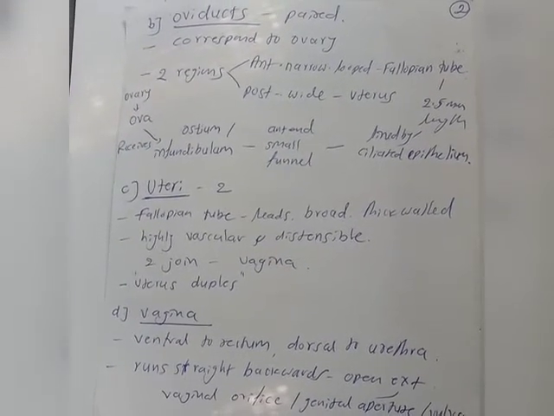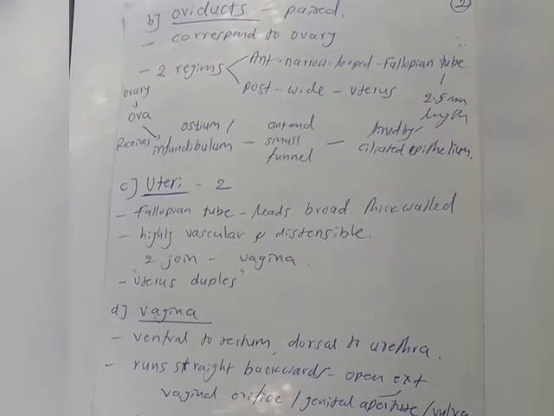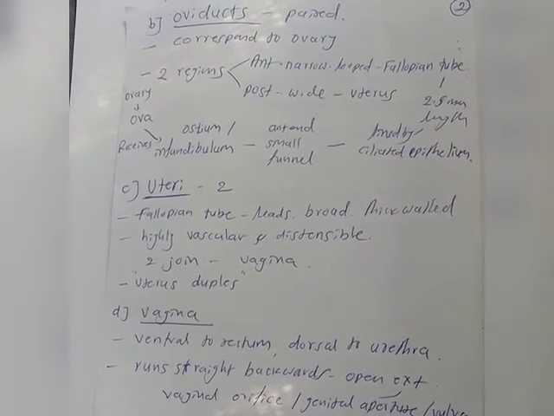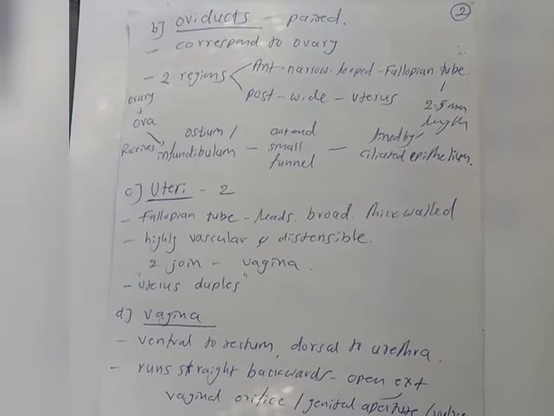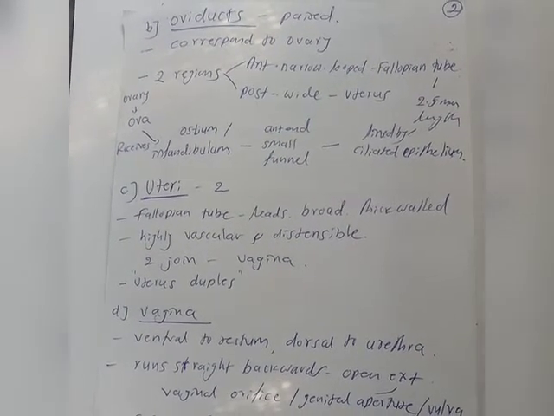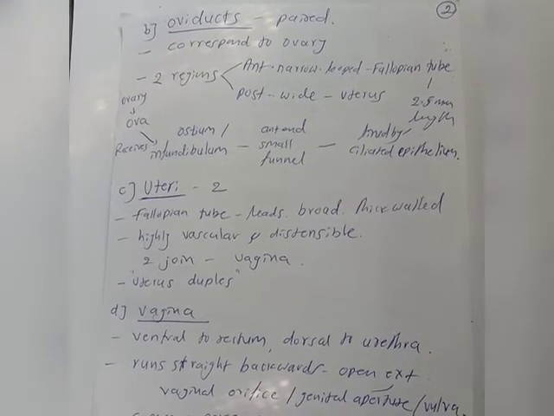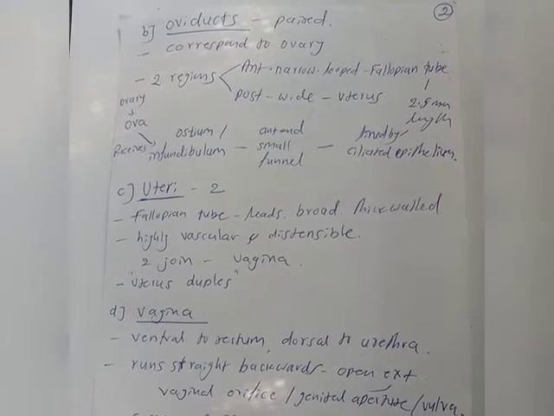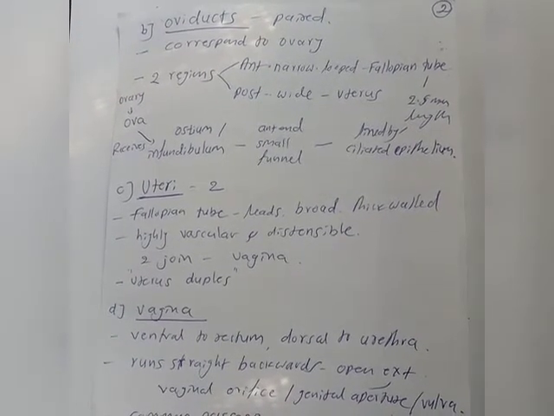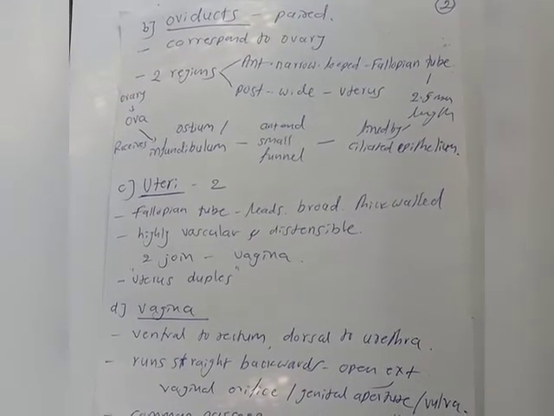The fallopian tube is less than 2.5 cm in length and it is coiled. It is lined by ciliated epithelium. त्याच्यात लाइनिंग कशाचं आहे? Ciliated epithelium. It has at its anterior end a small funnel opening. सुरुवातीला एक फनेल शेपचं ओपनिंग आहे.